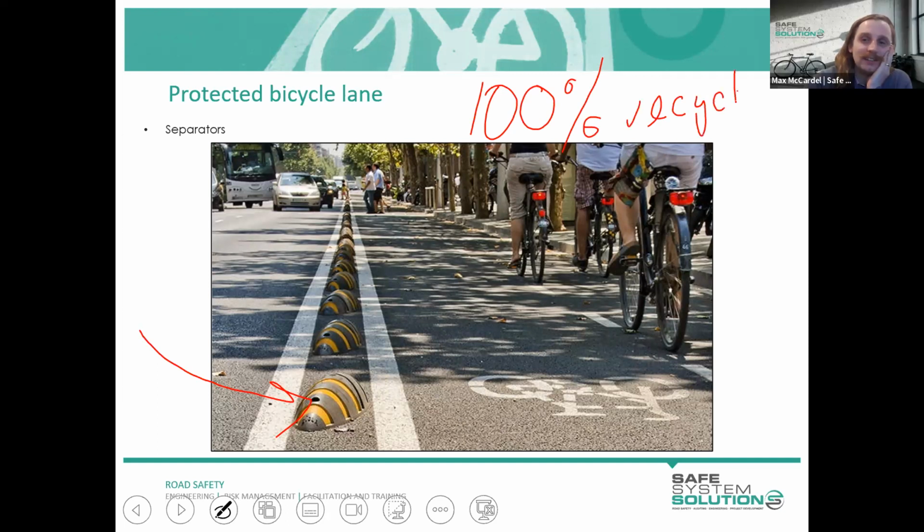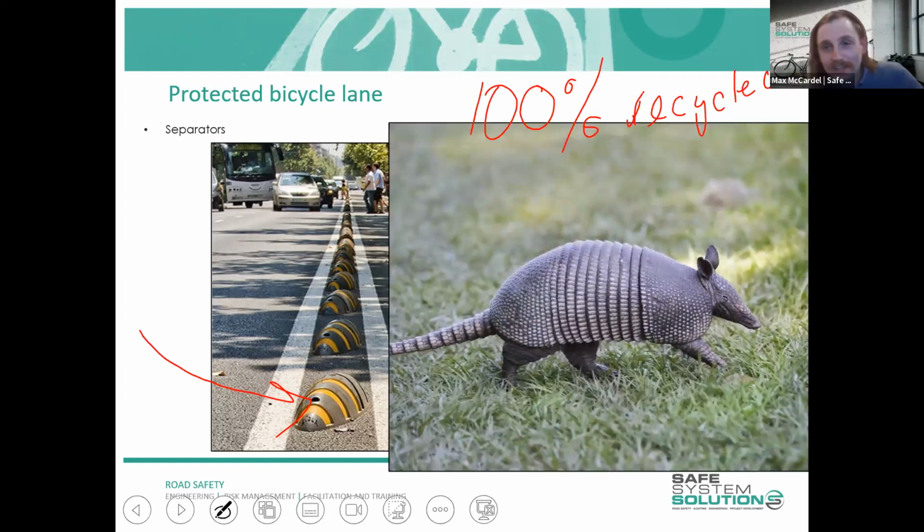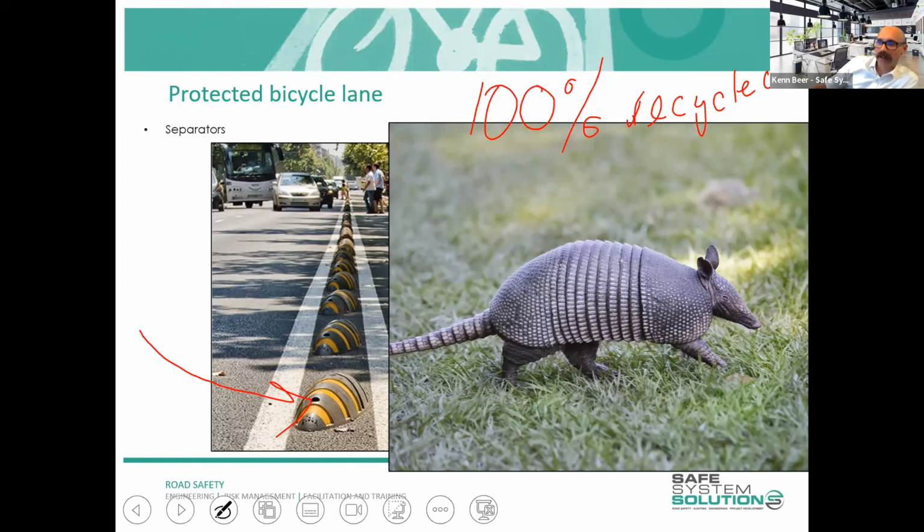Very good. They are called an armadillo, and they are 100% recycled products. That's what I was writing there while Ken was having a little chat. I actually prefer the bumblebee name. I think that's a much nicer name. But yeah, armadillo. So who are you going to give the prize to? The correct one or the one you prefer? Let's go both. Both. Love it. Okay. 2 prizes. Karen and Hannah prizes.